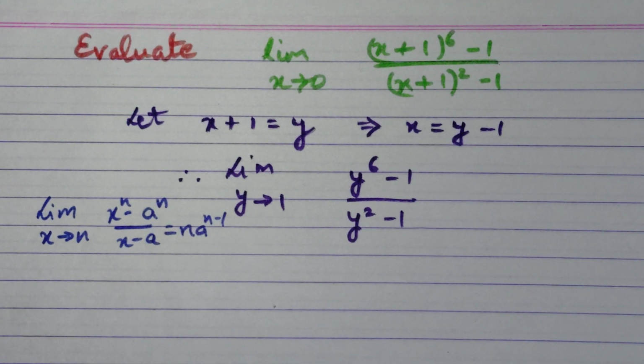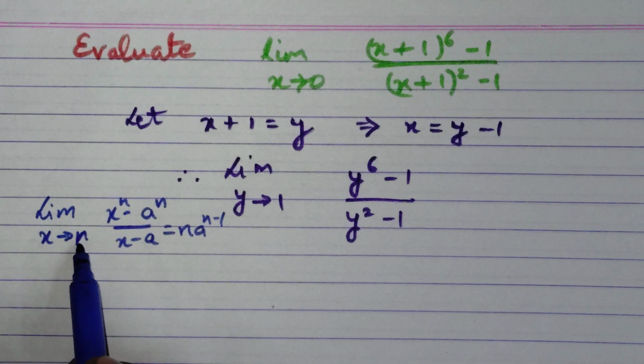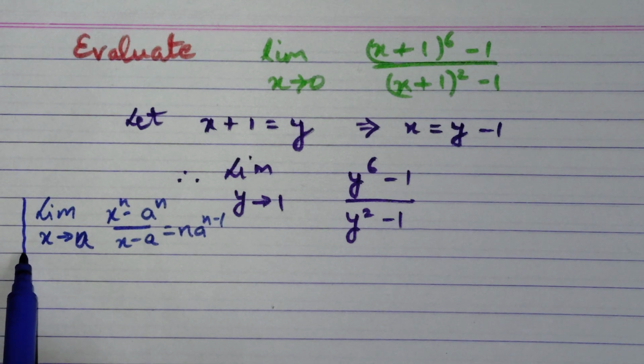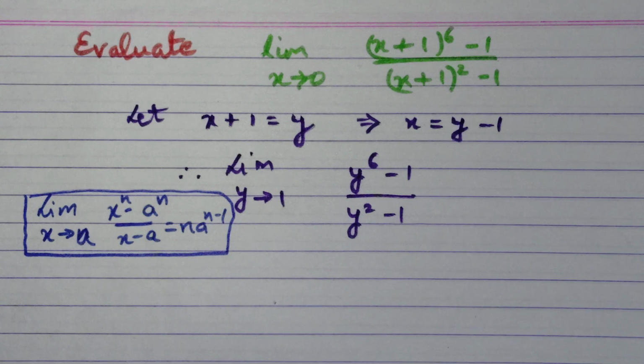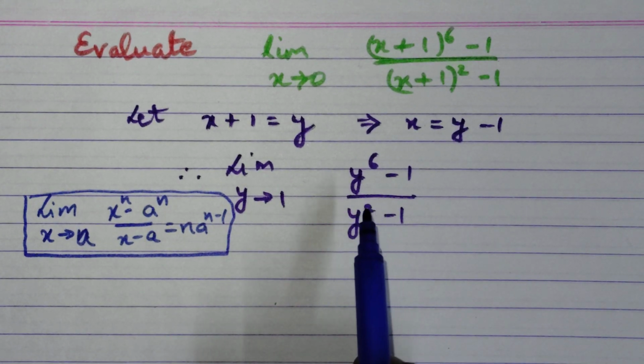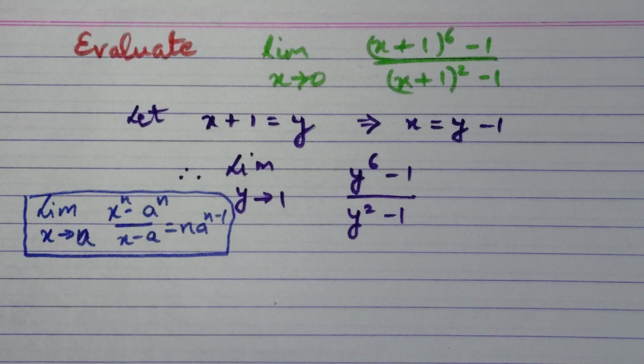This is our formula, and here it is a. This is the limit. So according to this formula, this is not matching with our question. So to match it, what do we do?